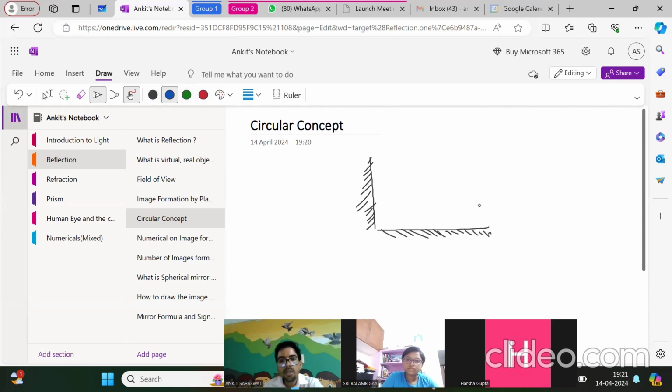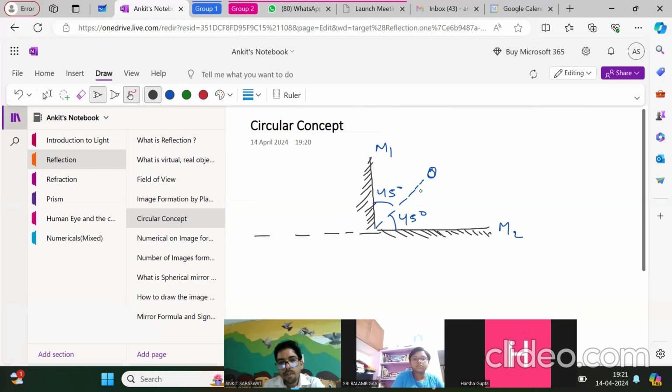And you place an object symmetrically, at a 45-degree angle from this mirror. Let us suppose this mirror is M1, this mirror is M2. This figure is symmetric. Why is it symmetric? 45 here, 45 here. Clear? Right.